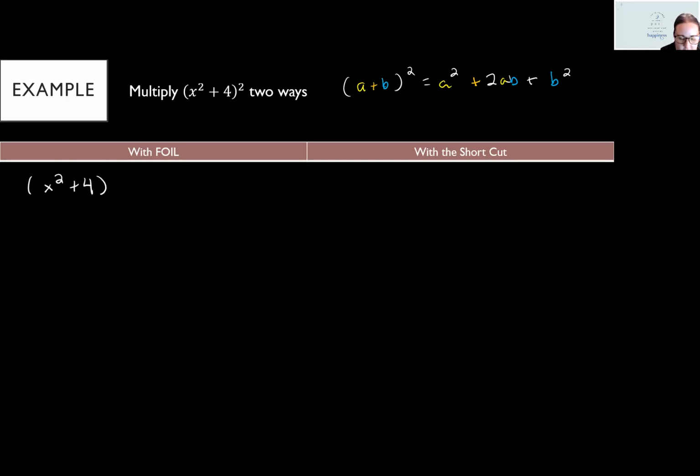That's good practice. So we've got x squared plus 4, that whole thing squared. That means it gets written twice. So FOIL, we're going to do the first, x squared times x squared. And that's x to the 4th, because you add your exponents.